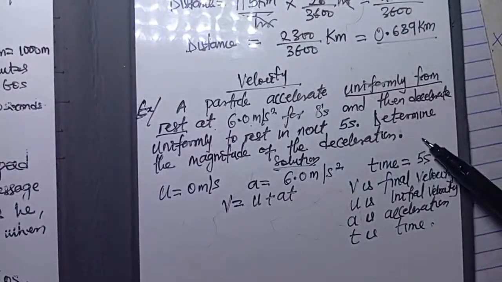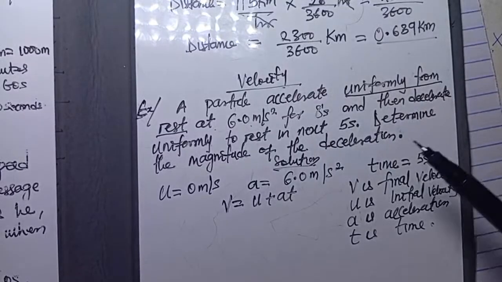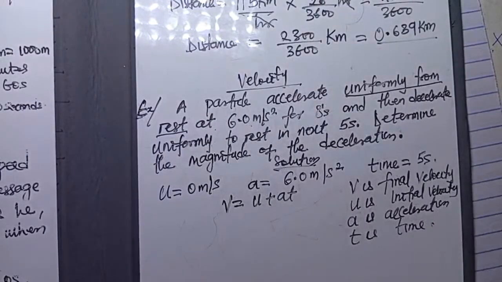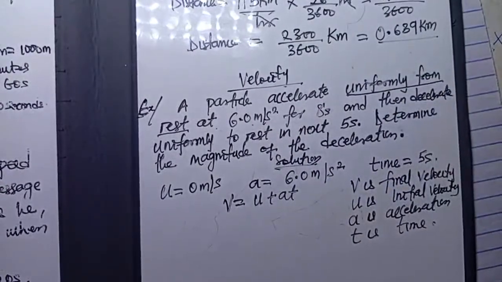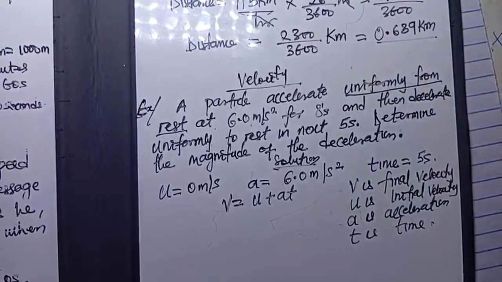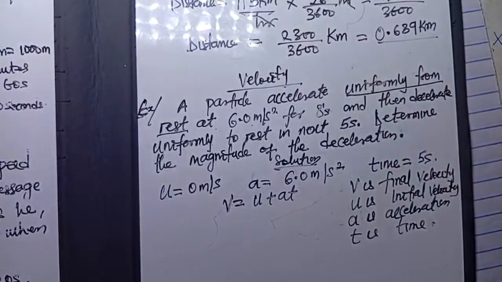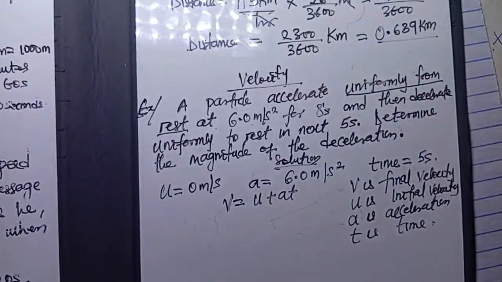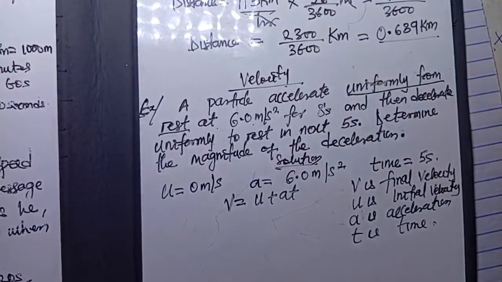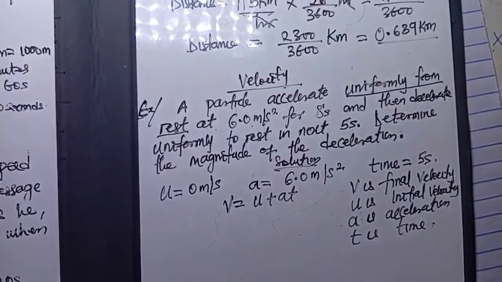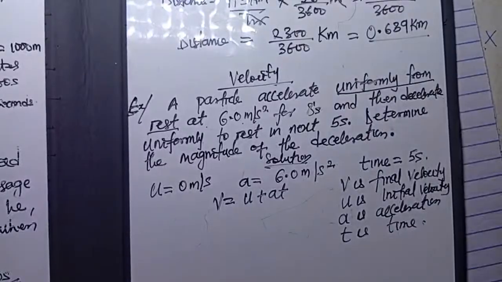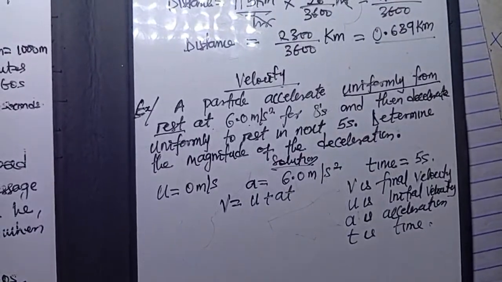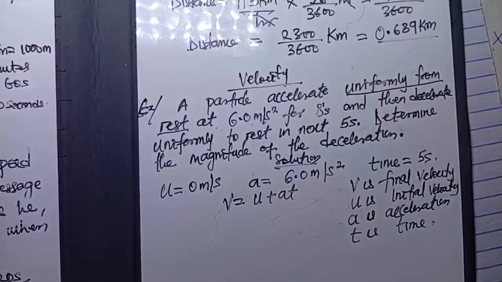And this is the first example: a particle accelerates uniformly from rest at 6.0 meter per second square for 8 seconds and then decelerates uniformly to rest in next 5 seconds. Determine the magnitude of the deceleration. So please let me get your question clearly. Sir, what does this stand for? I don't get that message. Retype the message, please.